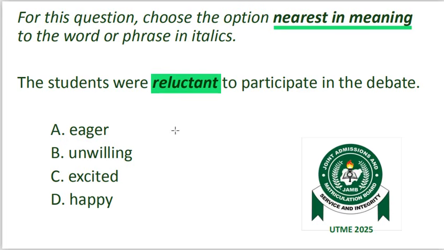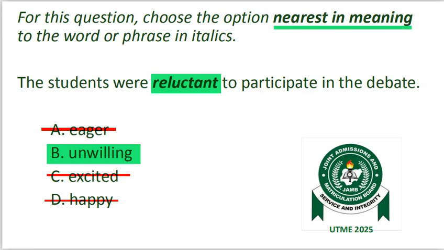Look at these options very well. Three of the options have close meanings. Eager, excited, happy have related meanings. So the one that does not have a related meaning to the remaining three is the correct option, and that is unwilling. The students were unwilling to participate in the debate.